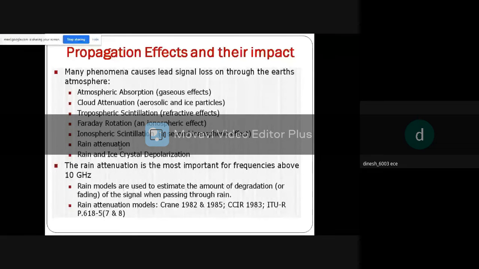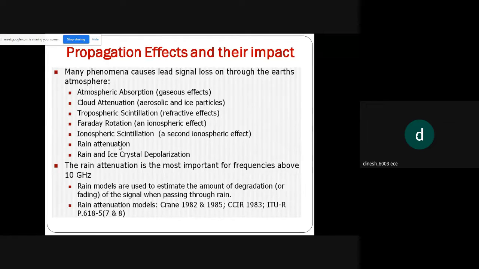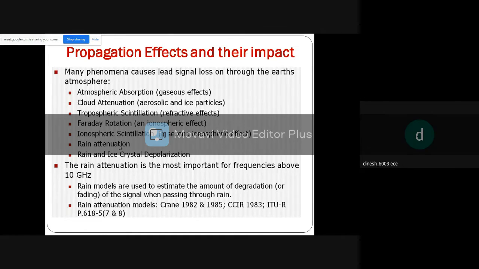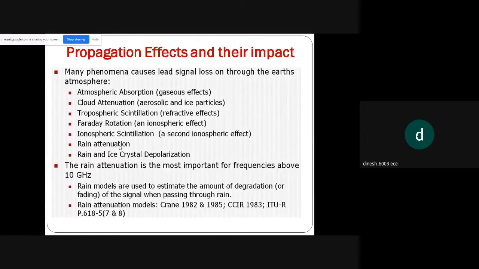In a satellite communication link, the breakage of link occurs mainly due to the loss in the Earth's atmosphere on the signal.